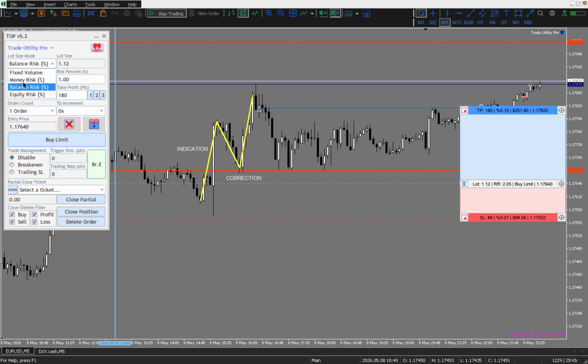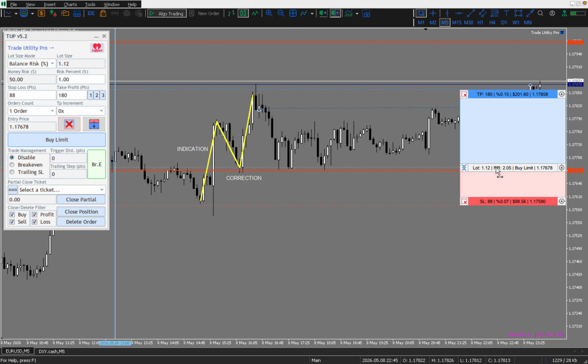So, doing balance risk, risking 1% of the account, I was going to enter right there on the close of that candle, the open of the pullback candle, with my stop loss right here, right below this previous indication, because I'm entering the correction, so you have to place it at the previous lower low if you're bullish.